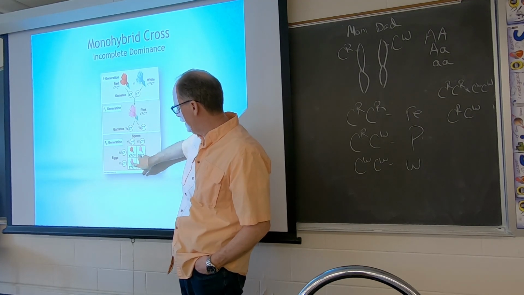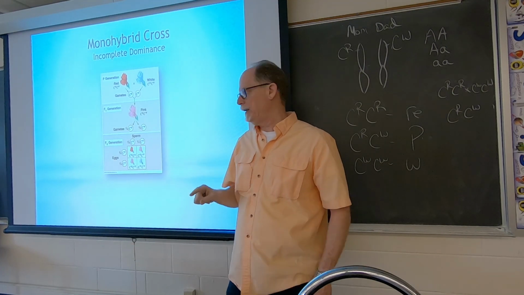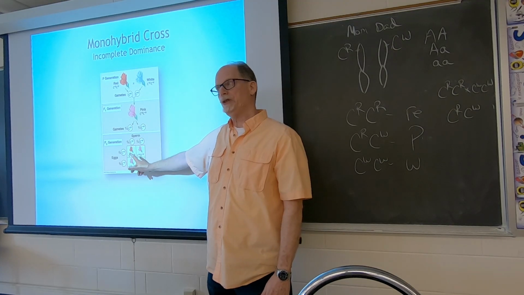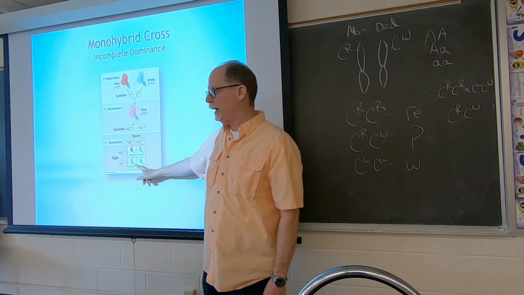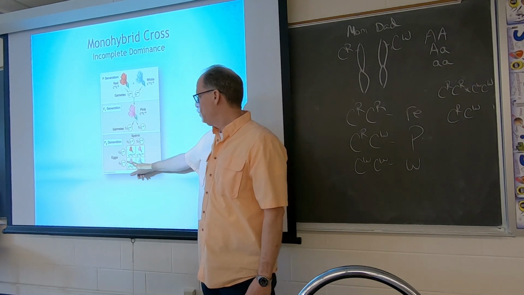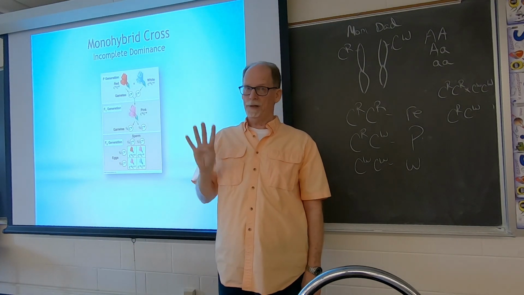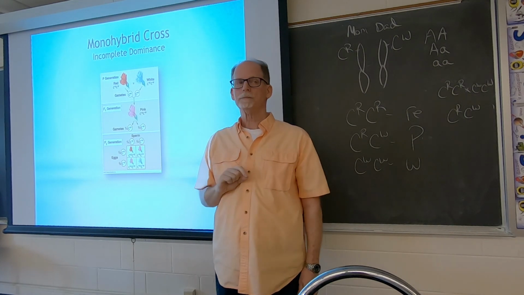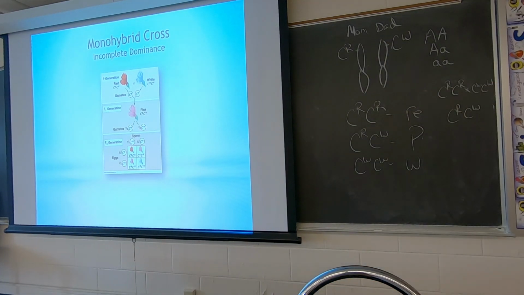The F2 generation would have these genotypic frequencies and phenotypic frequencies. Now, in this case, the phenotypic frequencies and the genotypic frequencies are the same, right? You have one red, two pink, one white for phenotype. You have one CRCR, two CRCWs to one CWCW. So the genotypic and the phenotypic ratios are the same, 1:2:1. But that's incomplete dominance from the textbook.